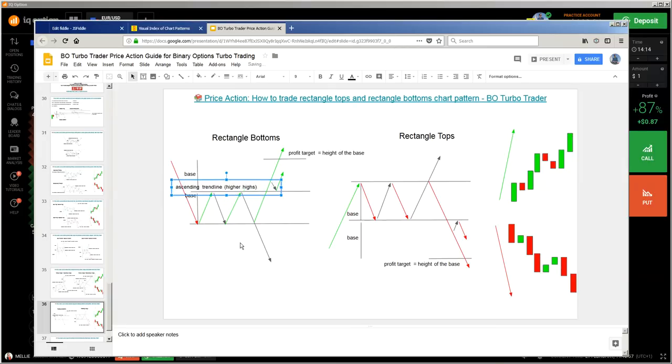So let me write this down here. Here we have horizontal, that is important. I write only trend line, yes, or what we call support and resistance, but I wrote trend line, S and R, Fibo, and EMA, and so on.